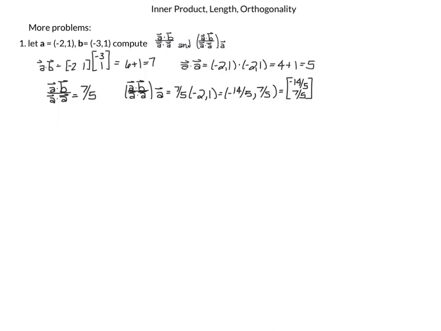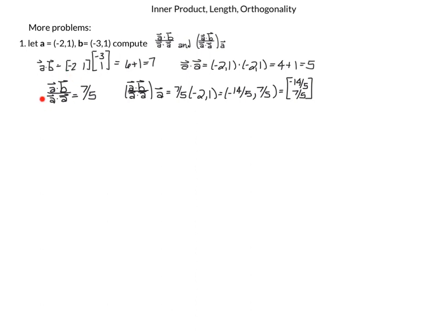The first problem is fairly straightforward. We take A transpose multiplied by B, and we get -2 times -3 is 6, plus 1 times 1 is 1, so we get 7 for A dot B. And then A dot A, we have -2, 1 dot -2, 1, that's -2 times -2 is 4, plus 1 times 1, so we finally get 5.